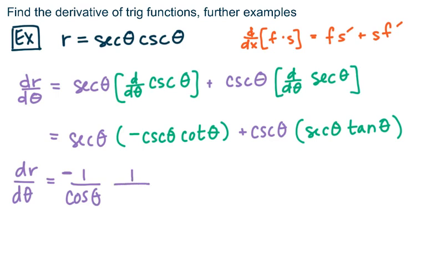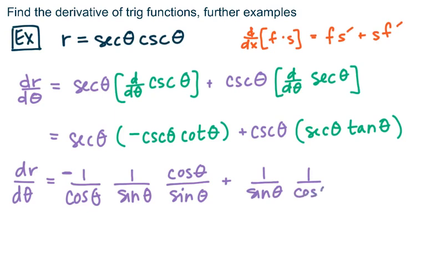Cosecant is 1 over sine theta. And tangent is cosine theta over sine theta. Plus cosecant is 1 over sine theta, secant 1 over cosine theta, and tangent is sine theta over cosine theta.